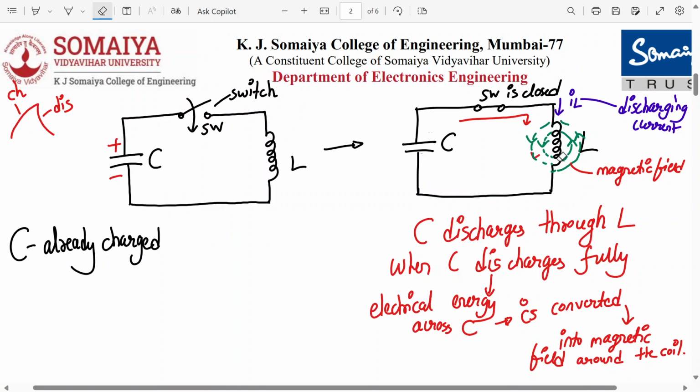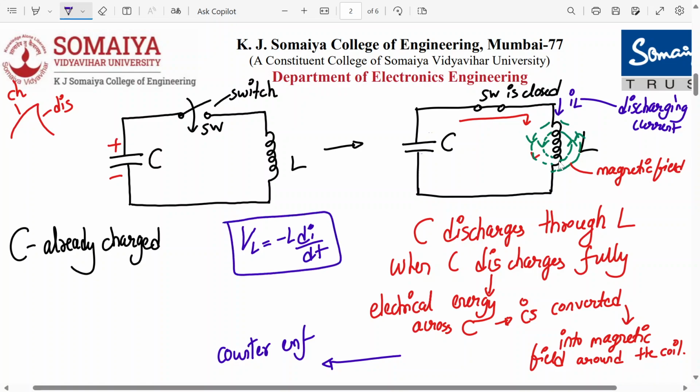So when the electrical energy across the capacitor is converted into magnetic field around the coil, once the capacitor is completely discharged, the magnetic field around the inductor begins to collapse and produces what is called counter EMF. You must have heard of this formula: VL is equal to minus L di by dt.